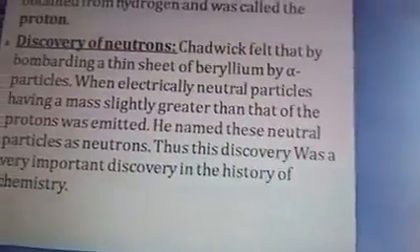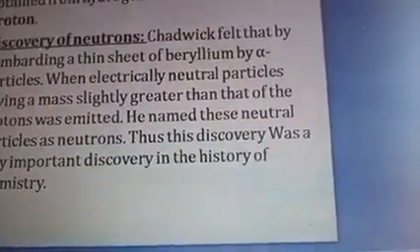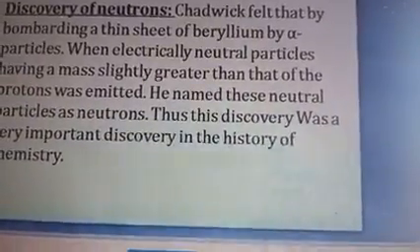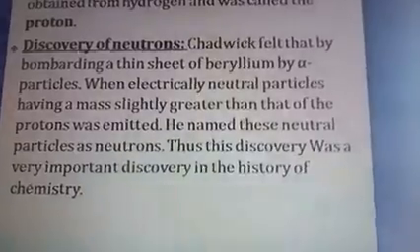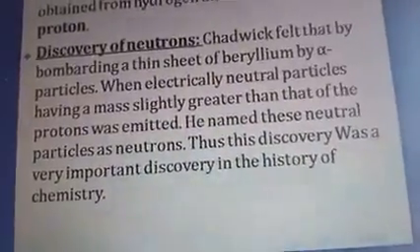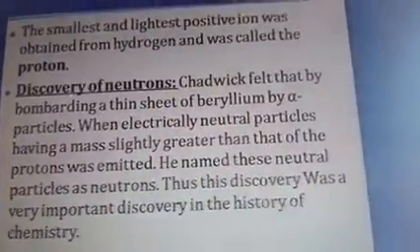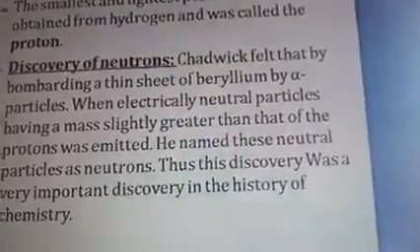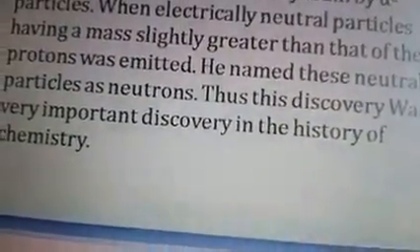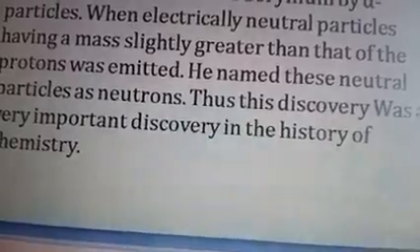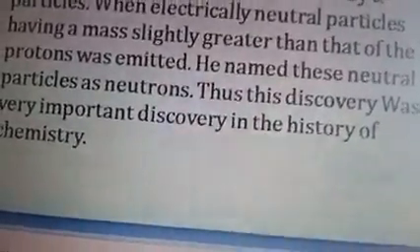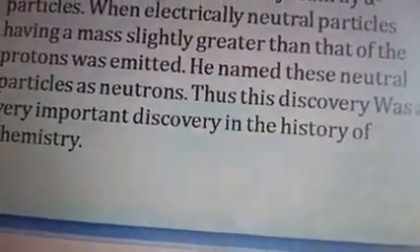In the first one, as I have already told, the electron we got from the cathode ray experiment. During this we need two conditions: low pressure and high voltage. For the proton, we got it from the canal ray experiment. The same discharge tube is used, but the pressure is higher and the voltage is low.